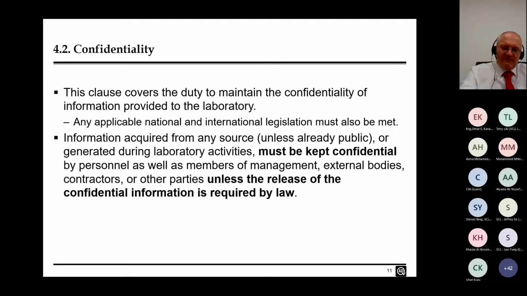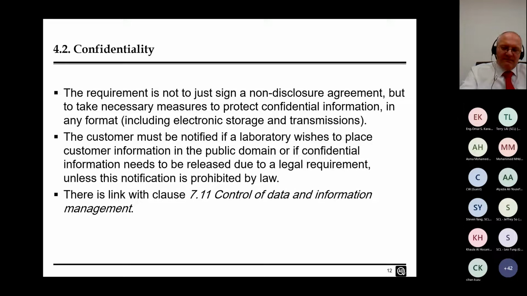Simple as that. There are some additional complexities, but that's really what it comes down to. This doesn't mean just signing a non-disclosure agreement, but we have to make sure that we protect this confidential information in any format.